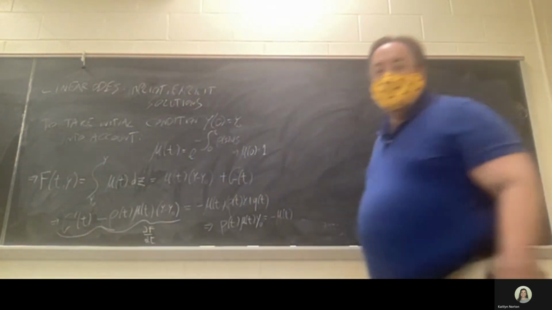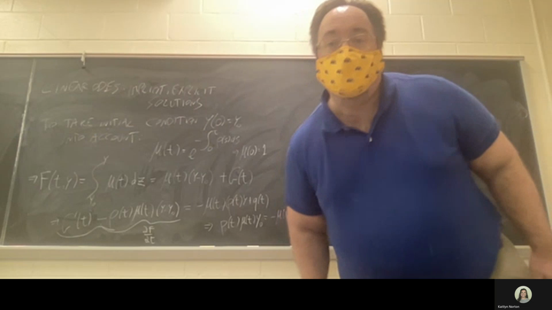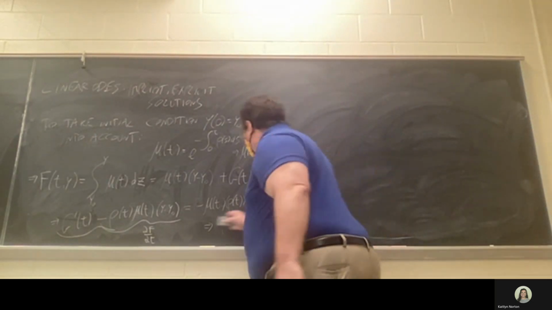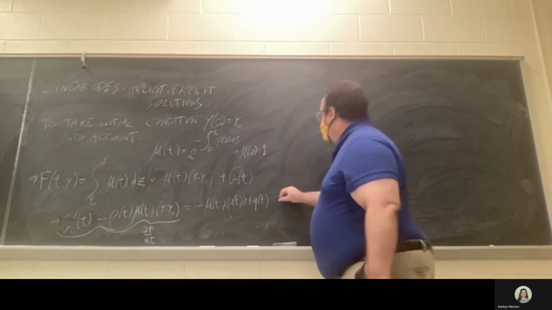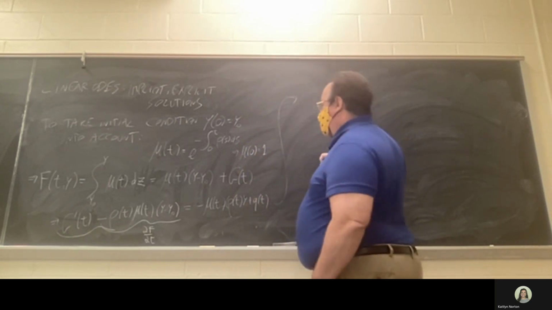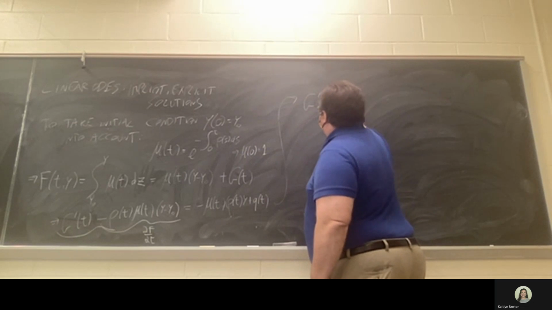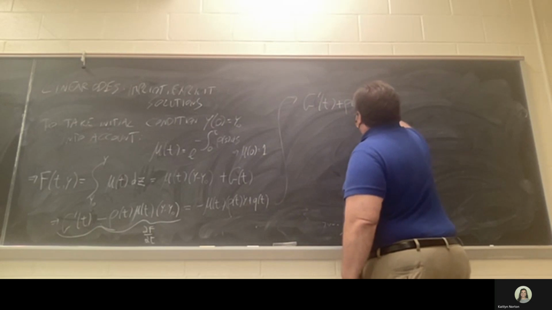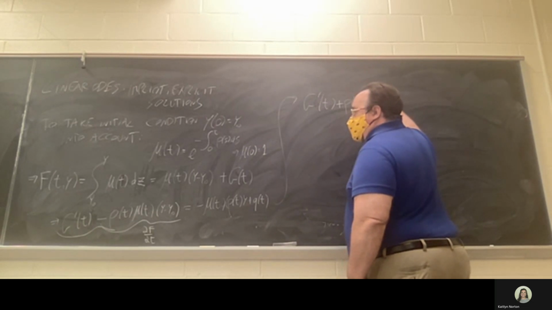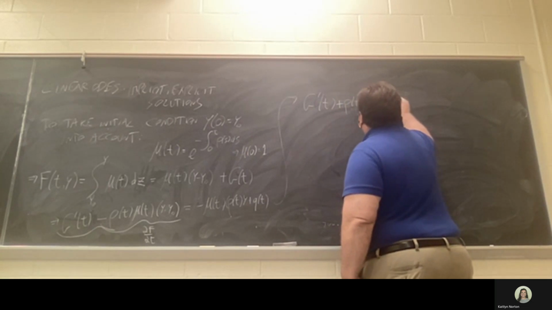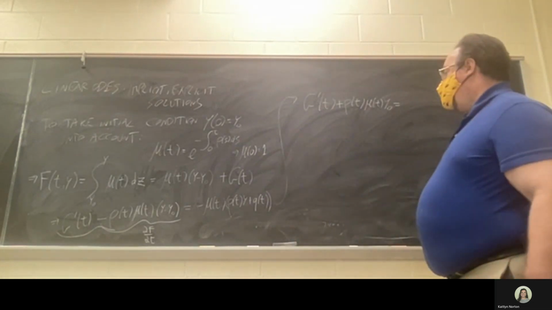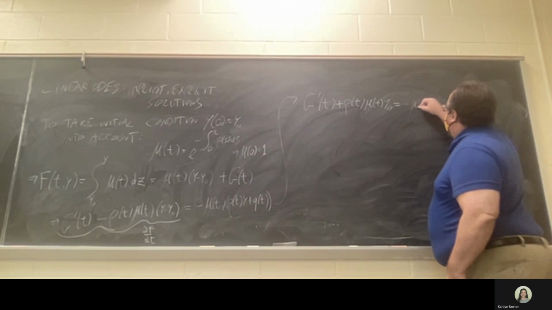Now, once I simplify everything that I can, so I guess we're doing these things impromptu, I have g prime of t plus p of t mu of t y naught is equal to minus mu times q, which we had before.